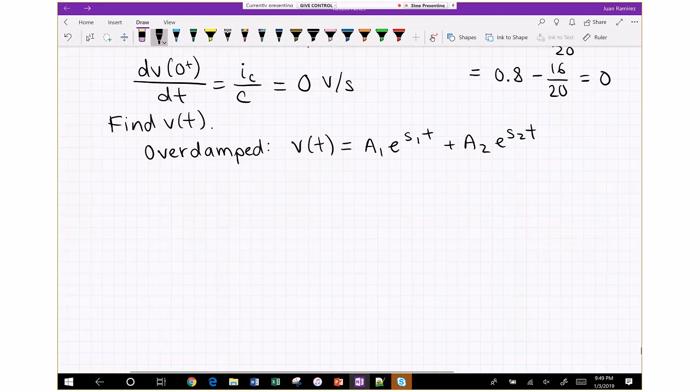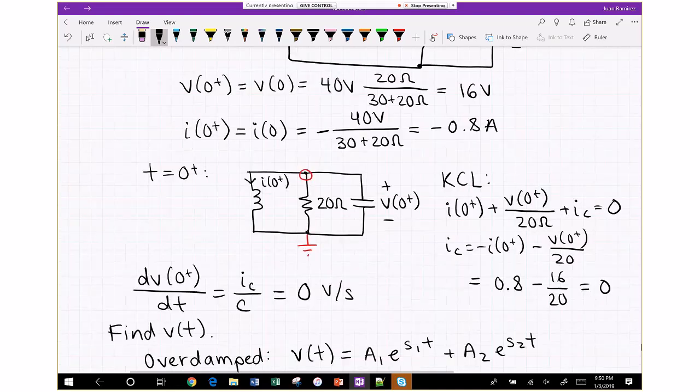Well, we know S1 and S2. S1 was, I think it was negative 47. Oh, negative 53 and negative 947.